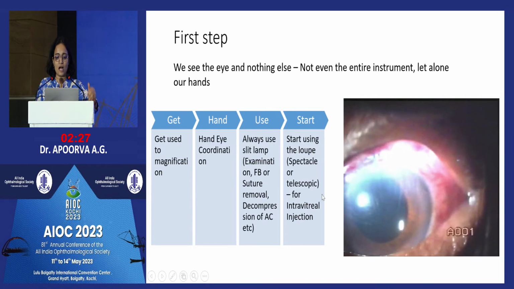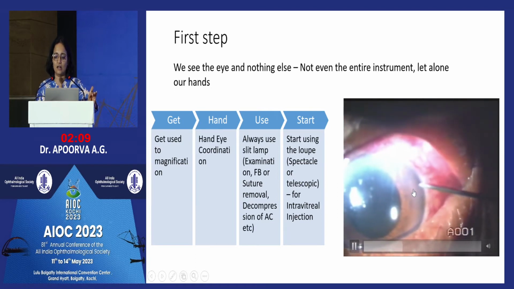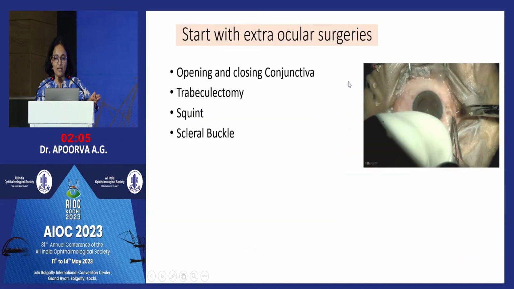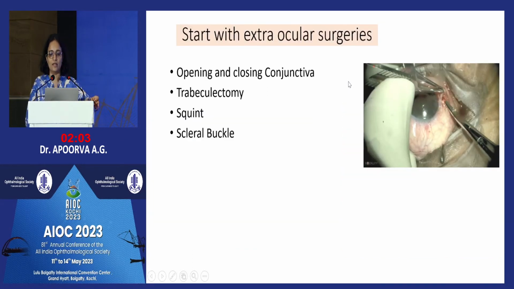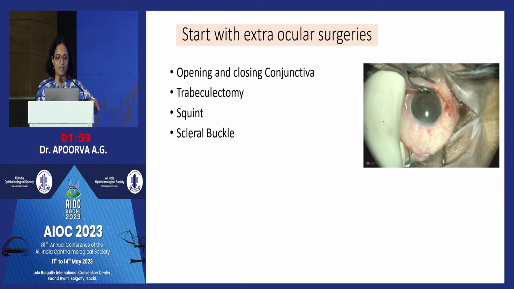We can also start using magnification on a smaller scale, like using spectacles or telescopic spectacles, or even magnification loupes for OPD procedures and also for intravitreal injections. When we don't know where our hands are when we are operating, and we see the eye and only the eye and not the entire instrument, we know that we have to start doing things on lower magnification.